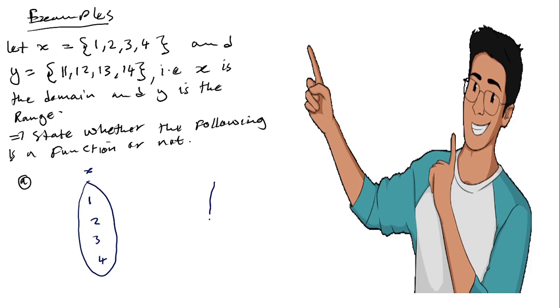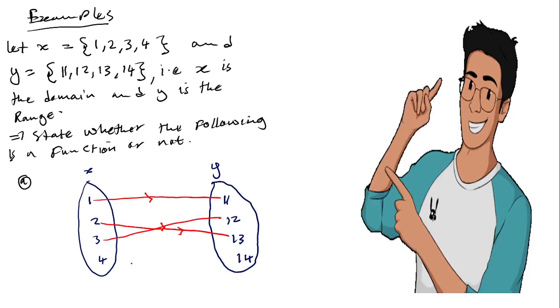Remember, my x is the domain and my y is the range. So if this mapping was mapped this way, this one goes there, this one goes there, and that one is also going there.